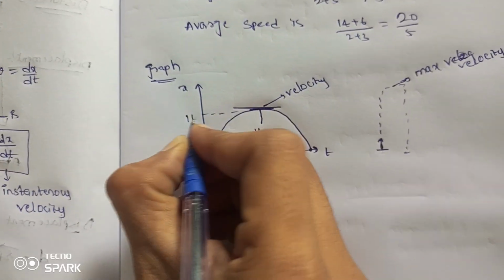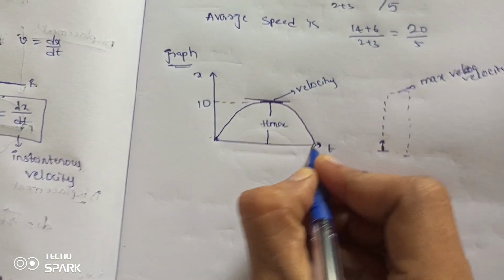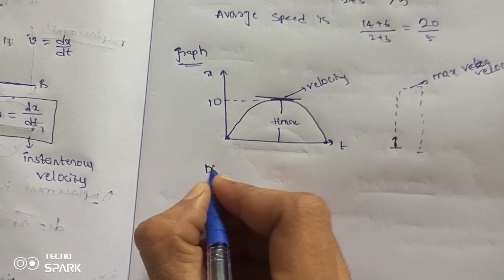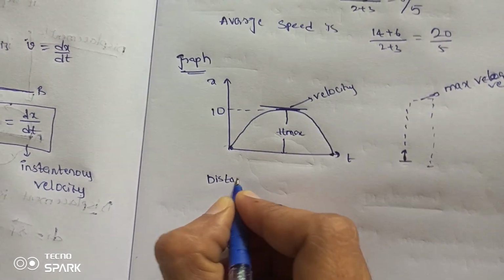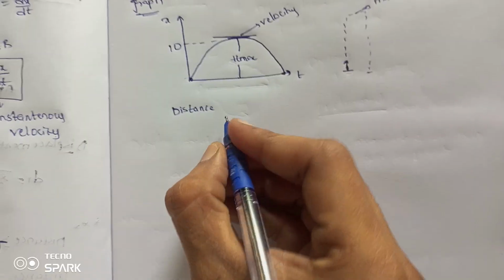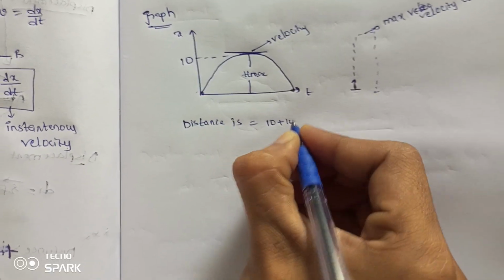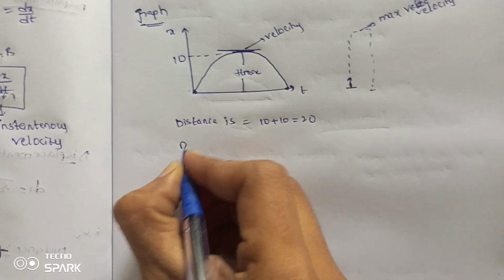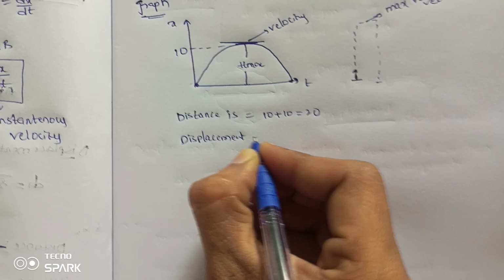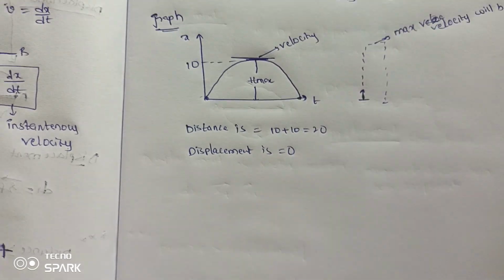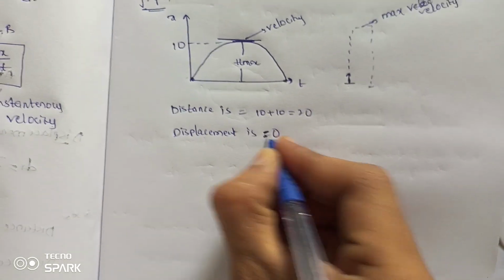This is at 10 meters and back to the ground. Distance is 10 plus 10 equal to 20, but displacement is 0.